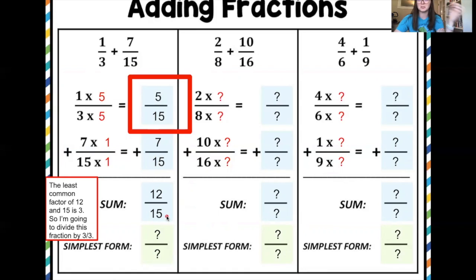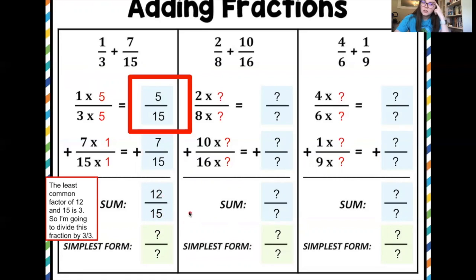That means that we can reduce the fraction. So I would go through the exact same process we went before, and I would find the least common factor, and a factor is like those multiplication equations, and I would discover that they both have a least common factor of 3. So I would divide 12 by 3 and 15 by 3.